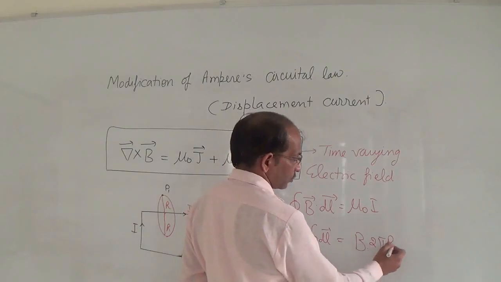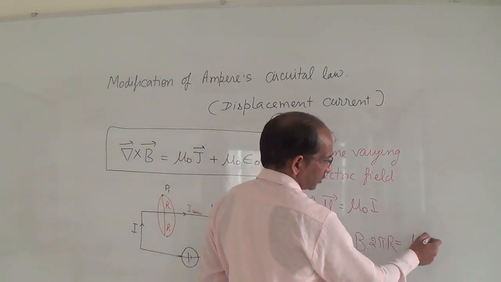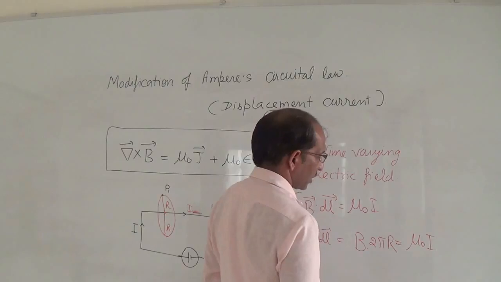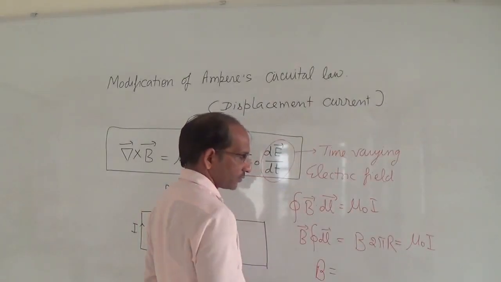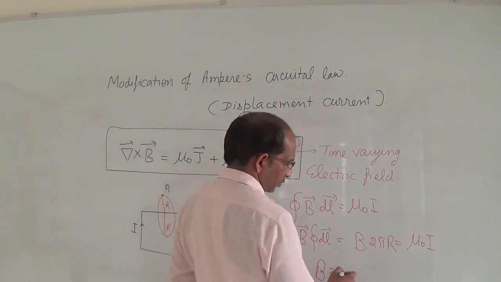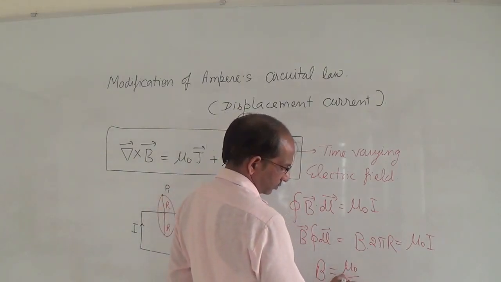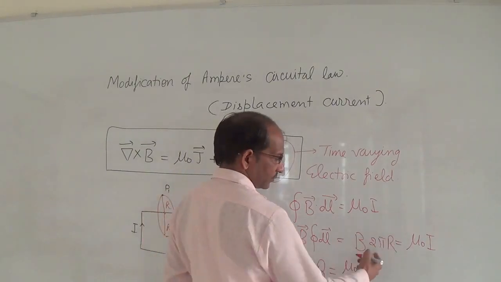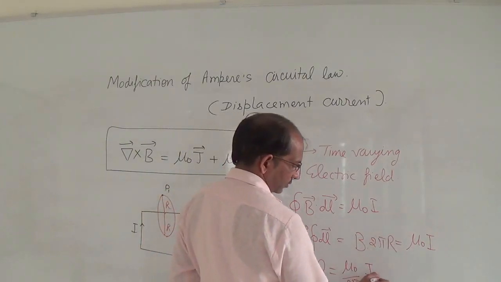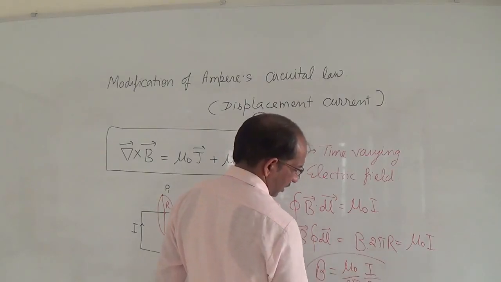So B into 2 pi r is equal to mu naught times I, and hence the value of B is mu naught upon 2 pi into I upon r.